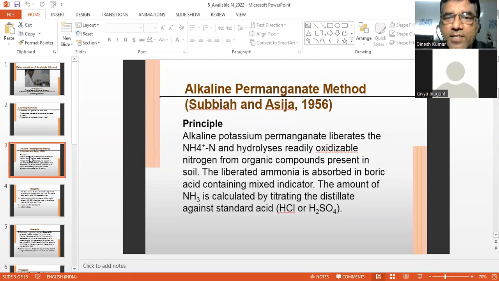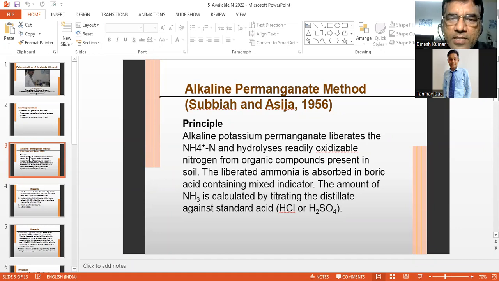Distillation and titration is exactly the same as what we did for total nitrogen in soil or total nitrogen of the plant, what we studied in the last practical. Only thing is extraction. Extraction of available nitrogen is different here.